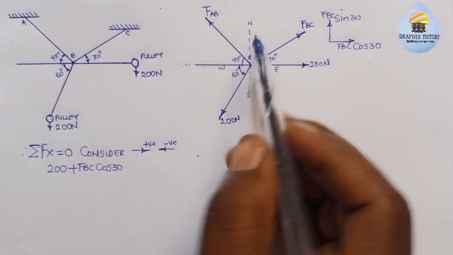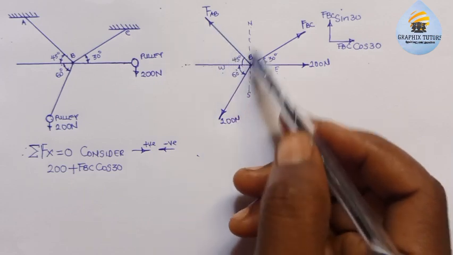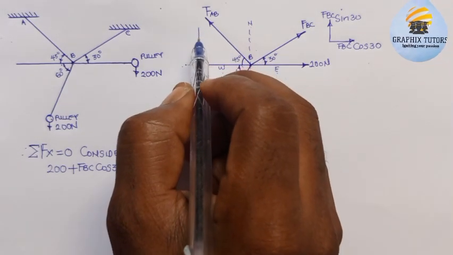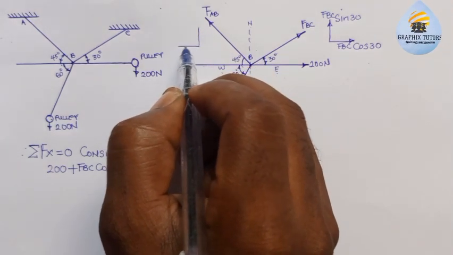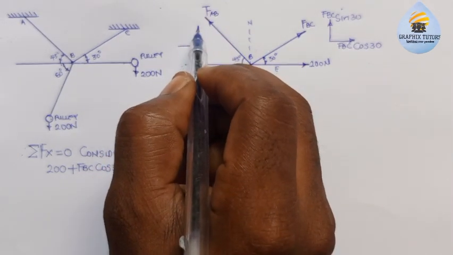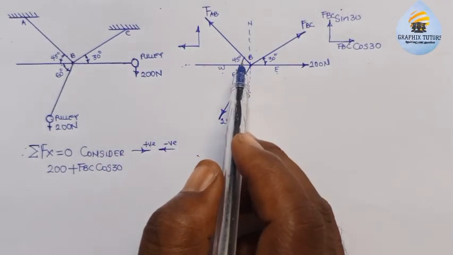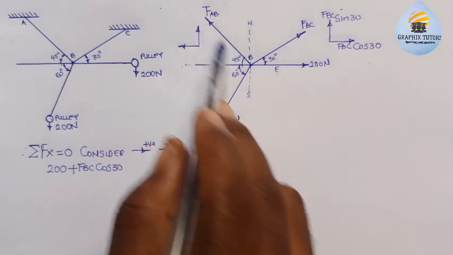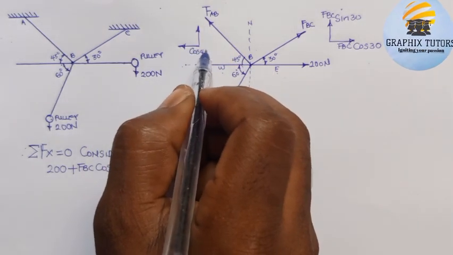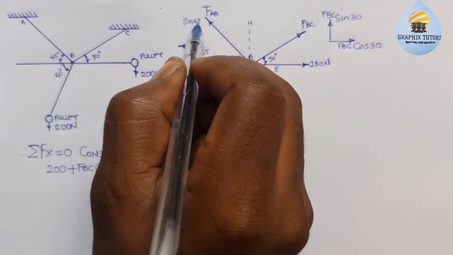Now the next one is another inclined force that I'm going to resolve. This is north and west, and this force is falling between north and west. So I'm going to bring out the north and west. The arrow is going outward. Since this force is inclined to the horizontal, we'll have cos of the angle, 45, on the horizontal, and sine of the angle, 45, in the vertical.